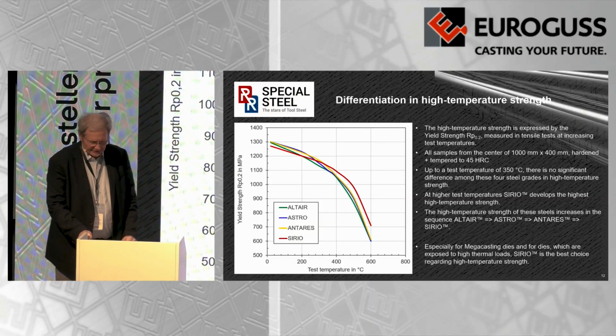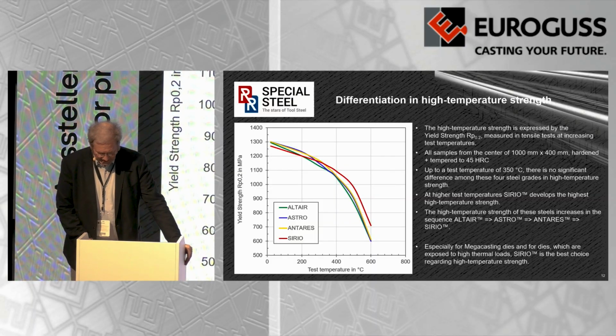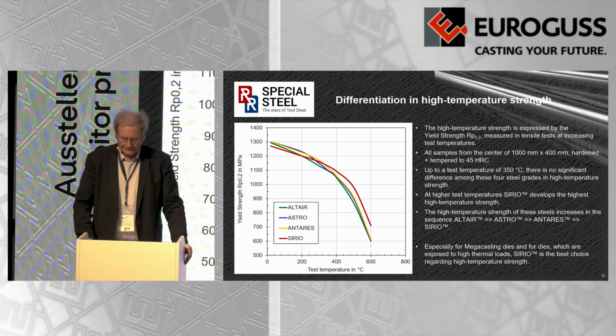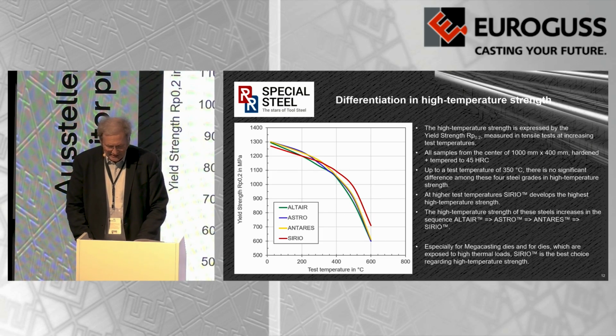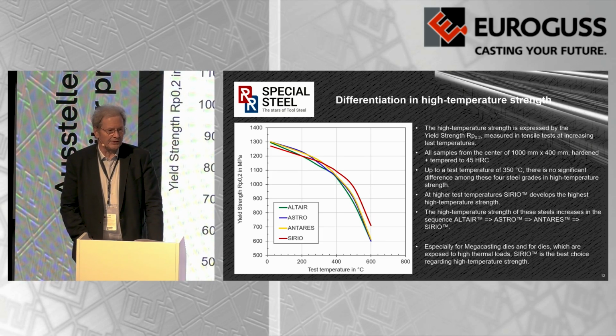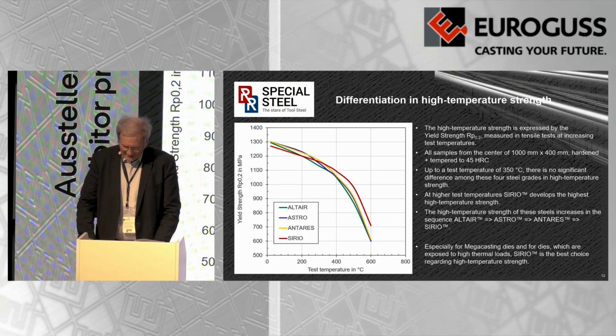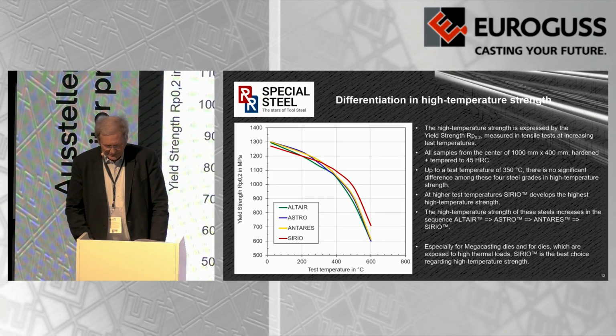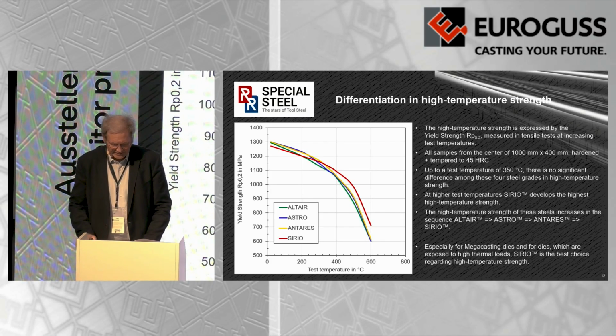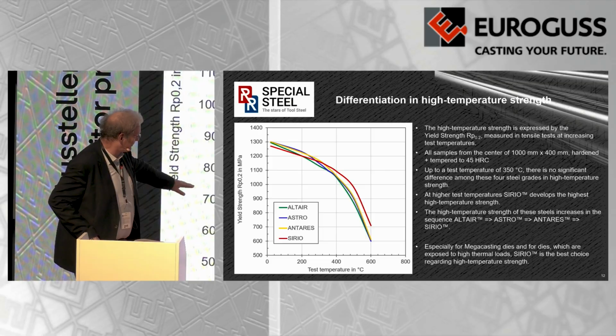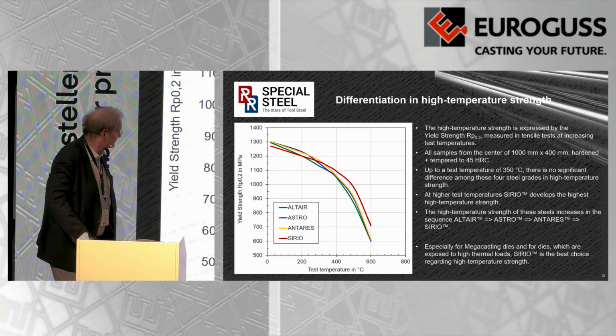High temperature strength is an important property to guarantee the stability of the die cavity. Here we use the so-called yield strength Rp 0.2, which we determine in the tensile test, in order to compare the strength of the grades at increasing test temperatures.